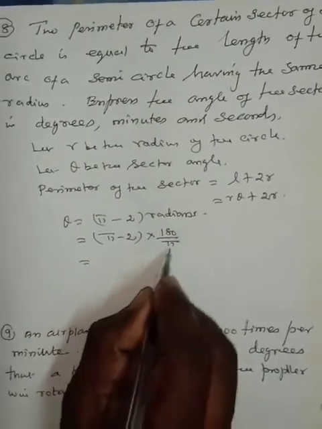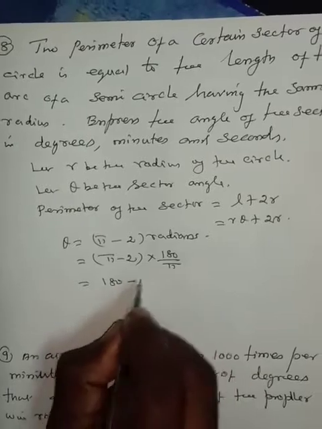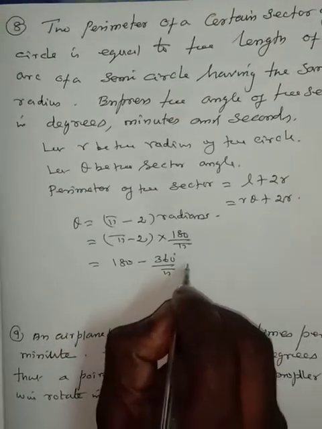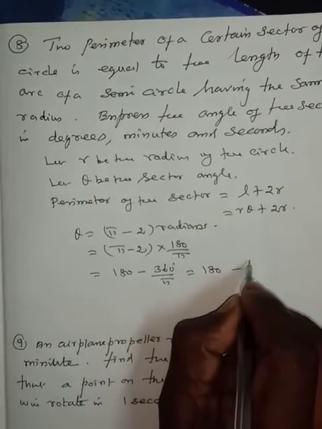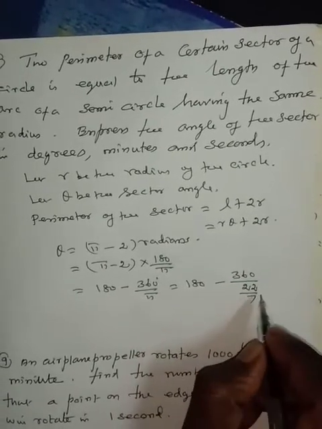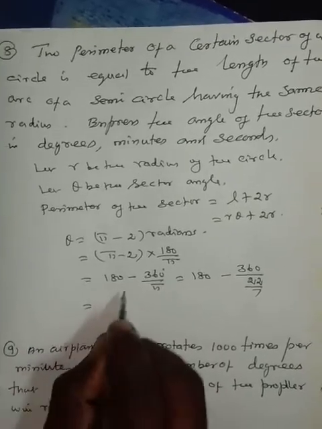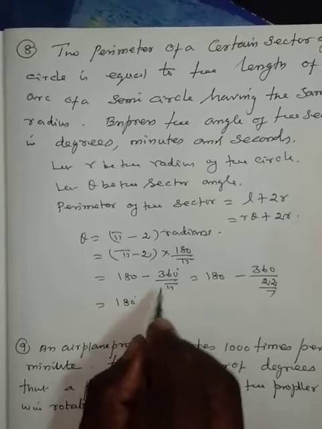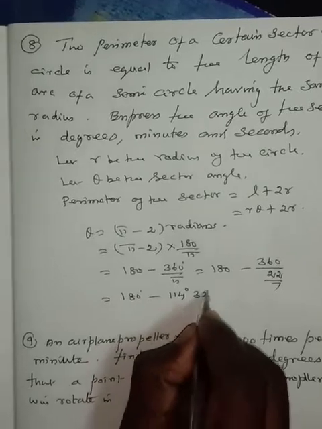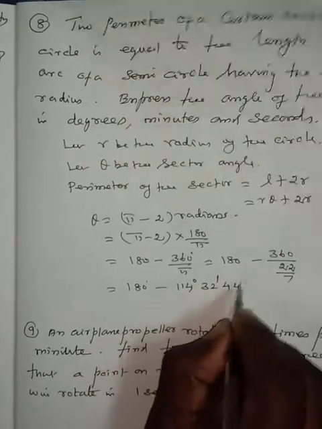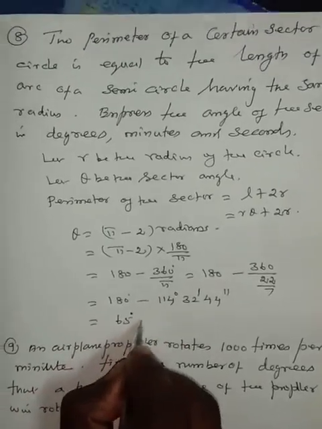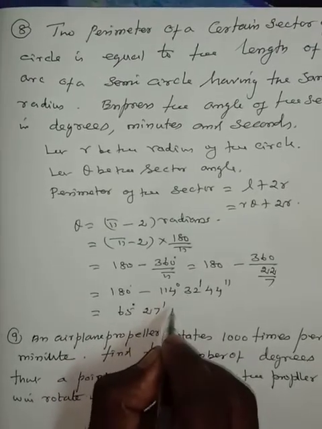Multiplying we get pi cancels, 180 minus 360 divided by pi is equal to 180 minus 360 divided by 22 by 7, is equal to 180 minus 114 degree 32 minutes 44 seconds, is equal to 65 degree 27 minutes 16 seconds.